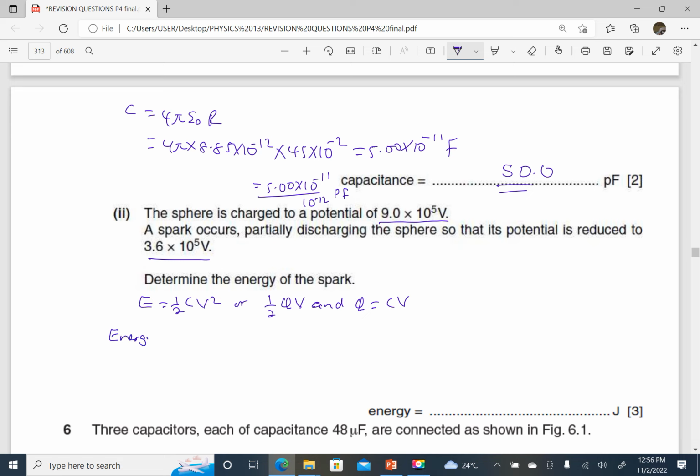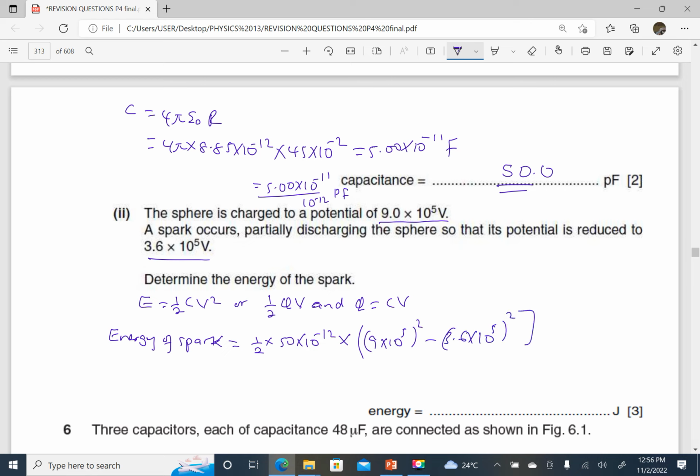Energy of the spark is going to be equal to a half times capacitance, which is 50 times 10 power negative 12, times values of V. They were changing from 9 times 10 power 5, that is squared, minus 3.6 times 10 power 5, this is also squared.